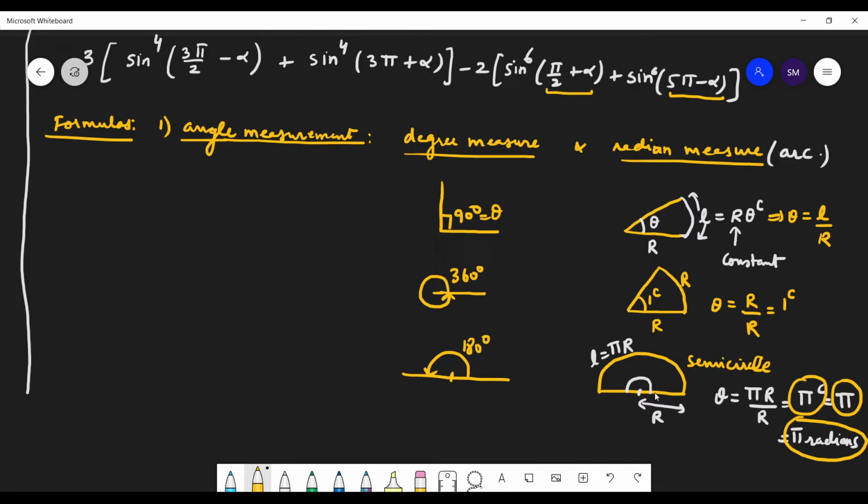So what are the coordinates of this point C? X, Y. This is your X and this is your Y. So I can write these coordinates as cos theta, sine theta, isn't it? So cos theta, sine theta are the coordinates of this point C.